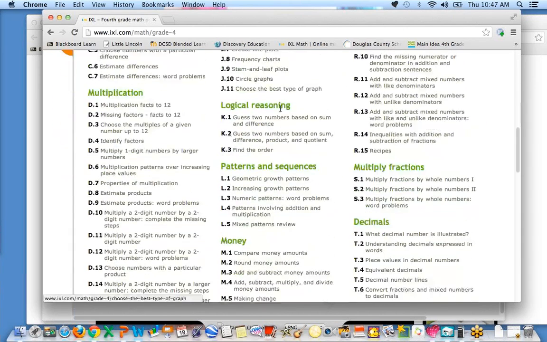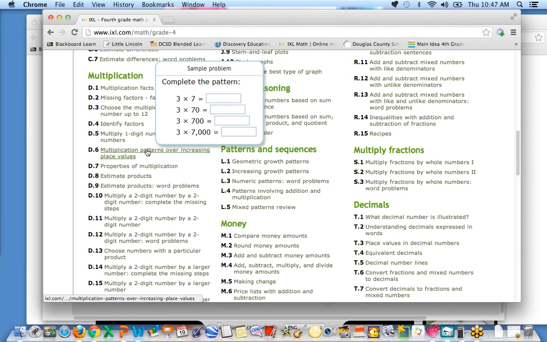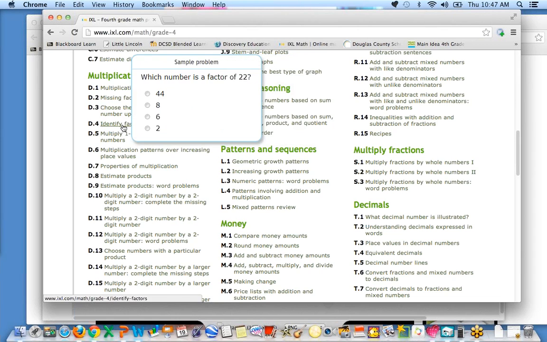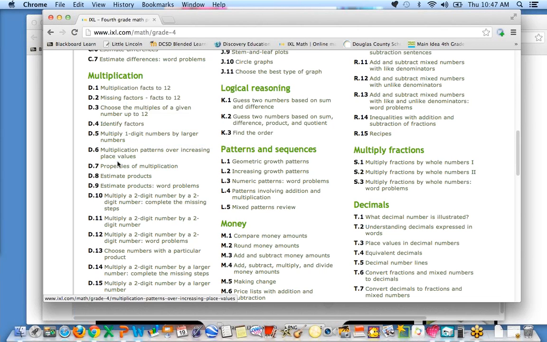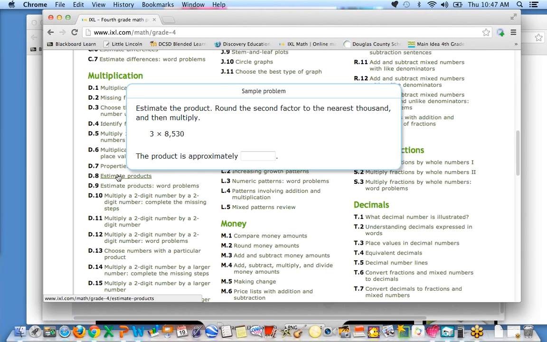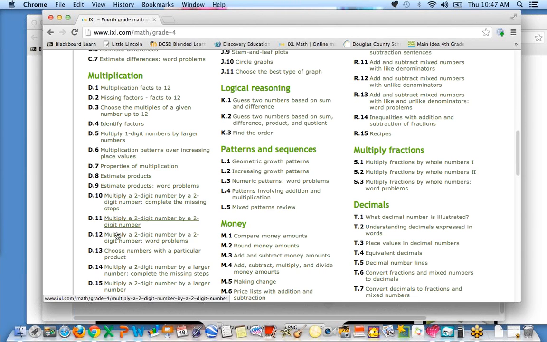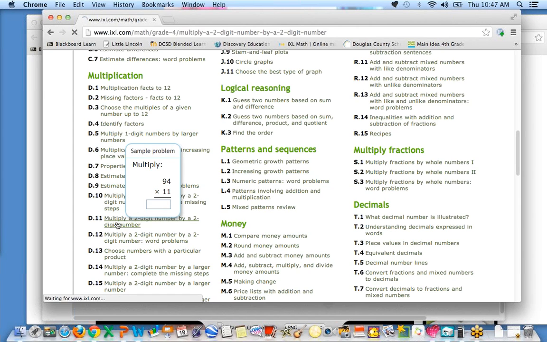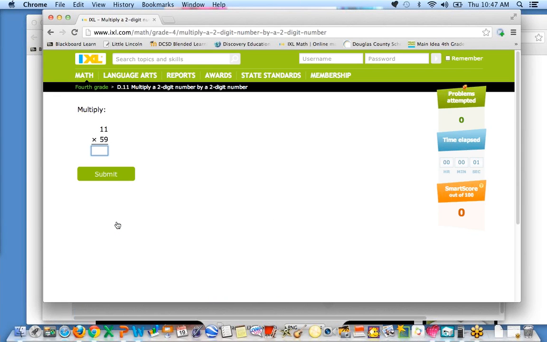Give me a second. Multiplication patterns, that's pretty easy. That one might be hard to start out. We could do this one. Okay. Let me just show you what inverse operations will do for multiplication.